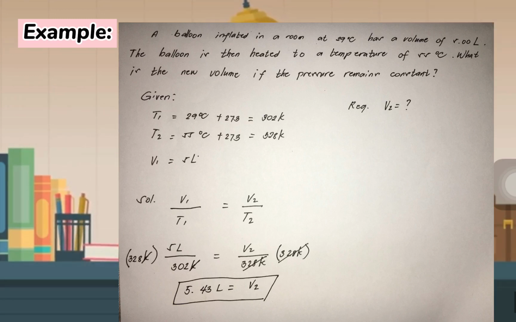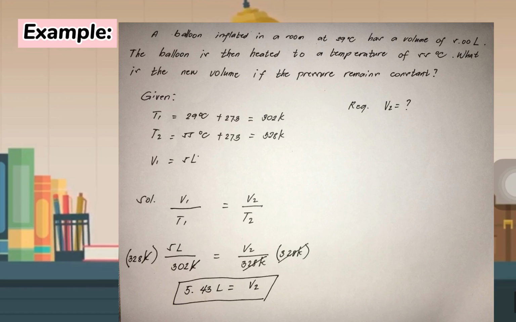To convert to Kelvin, we will add 273, so it will become 302 Kelvin. Then our temperature 2 is 55 degrees Celsius. We will add 273 to convert it to Kelvin, so it will become 328 Kelvin. And our volume 1 is 5 liters. So we are finding the value of volume 2.